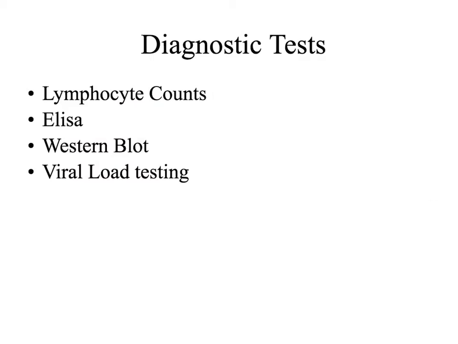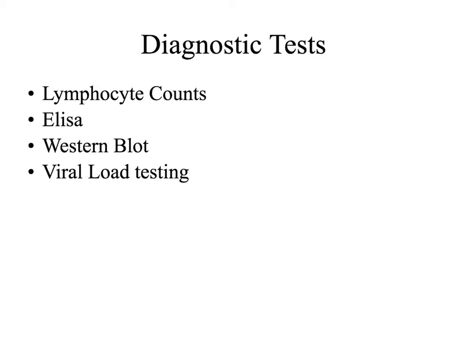These are some diagnostic tests that you might see related to a person who is being diagnosed with or has HIV. The lymphocyte count is a differential count of the white blood cells to determine if they have a low CD4 count. People with HIV have a tendency to have a low white blood cell count, and specifically they will start to get a low CD4 count.